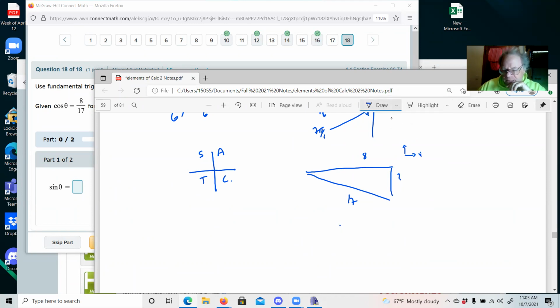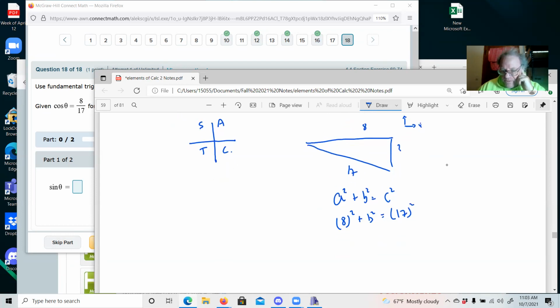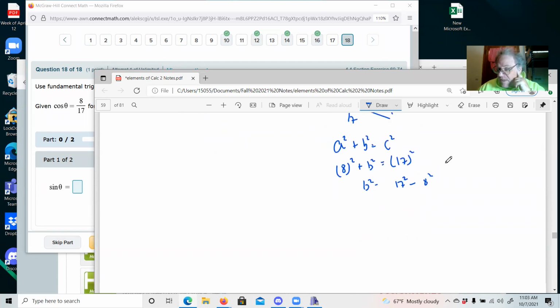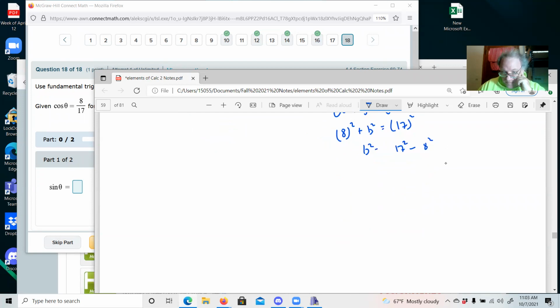We have a squared plus b squared is equal to c squared. A squared is going to be 8 squared plus b squared is equal to 17 squared. That's always our hypotenuse. So we have b squared is equal to 17 squared minus 8 squared. Can I just take the square roots and do it that way? No, you cannot. So b squared is equal to 289 minus 64.